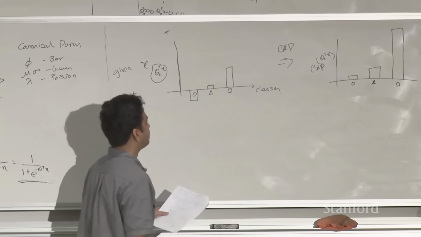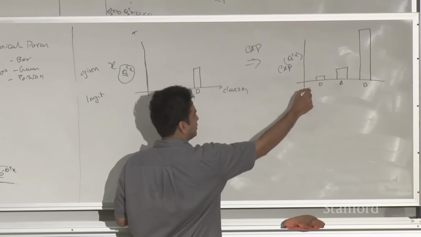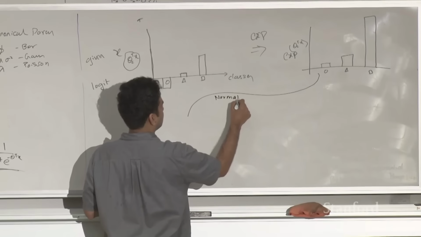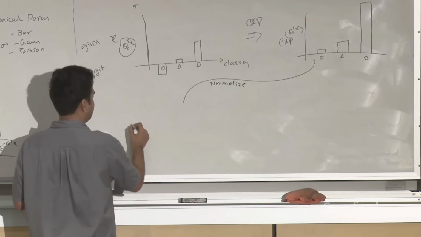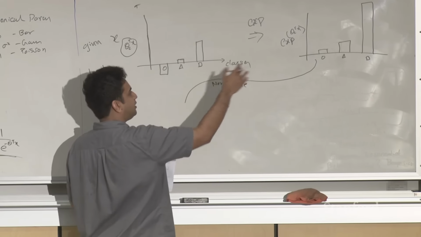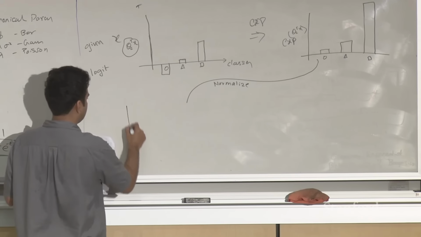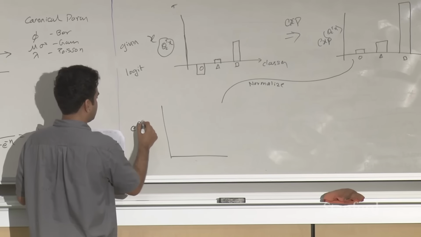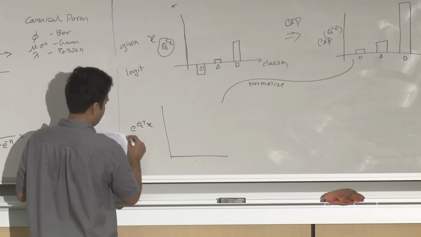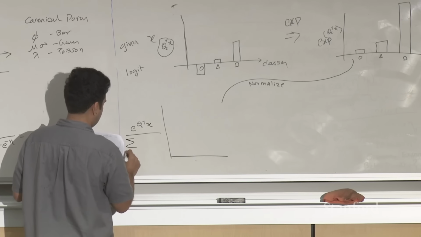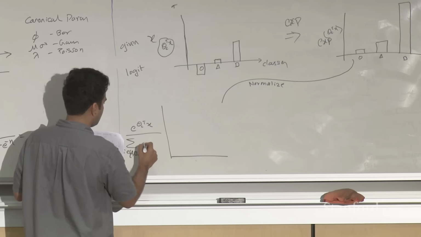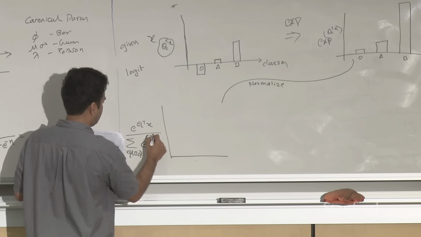Now we got a set of positive numbers, and next we normalize this. By normalize, I mean divide everything by the sum of all of them. So here we have e to the theta class transpose x over the sum over i in triangle, square, circle of e to the theta i transpose x.